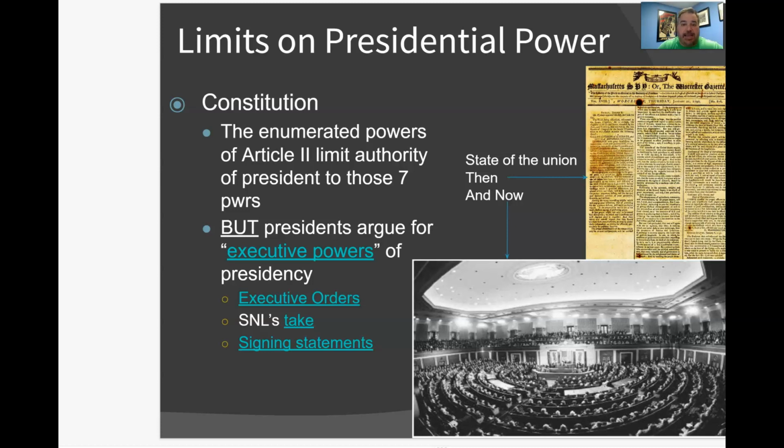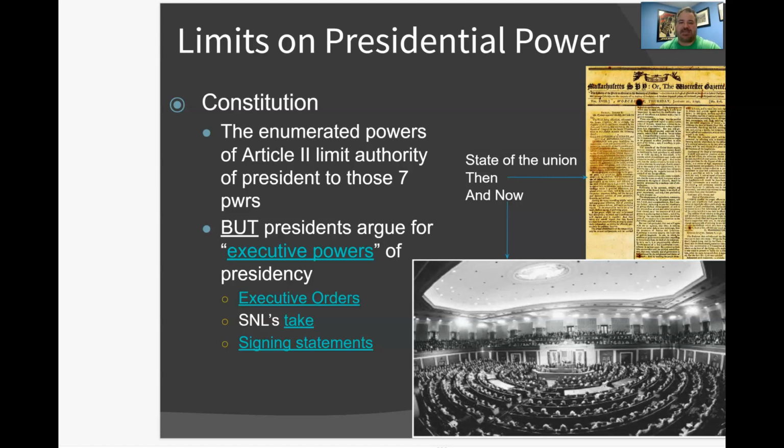The first line of Article 2, Section 1, which lays out the privileges and powers and responsibilities of the executive branch, reads, "The executive power of the United States of America shall be vested in a president of the United States." Based on that sentence, presidents have said, look, no, we have implied powers, not just the 7 enumerated or express powers, but also these implied powers.